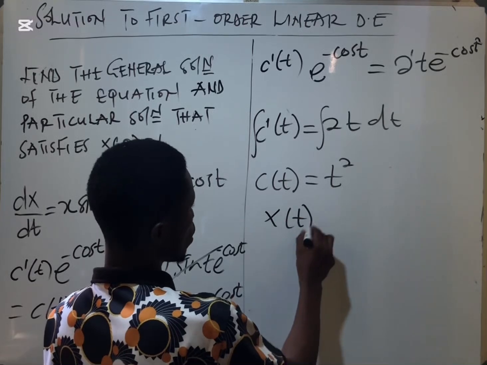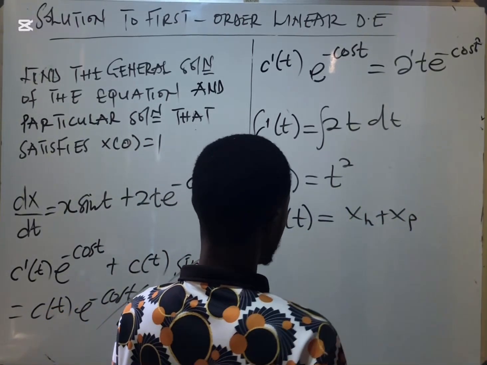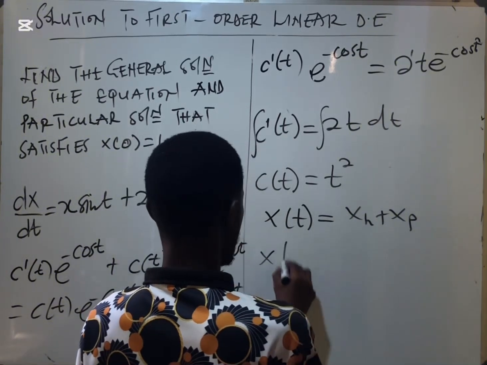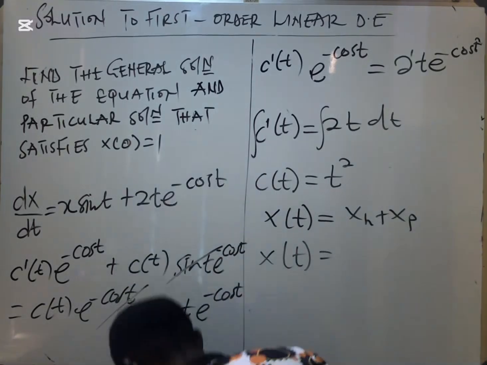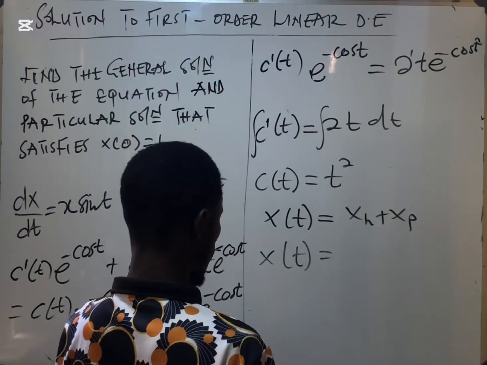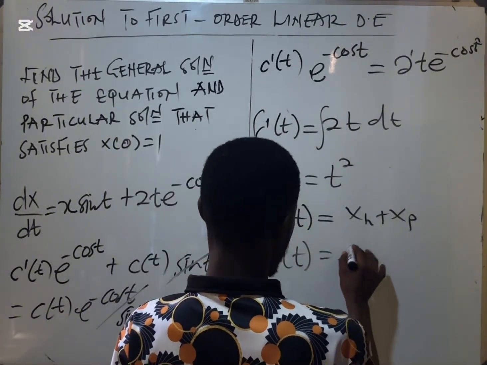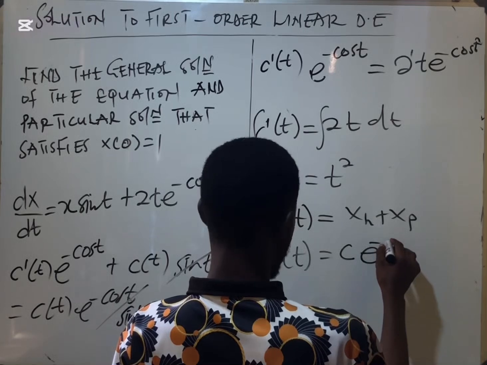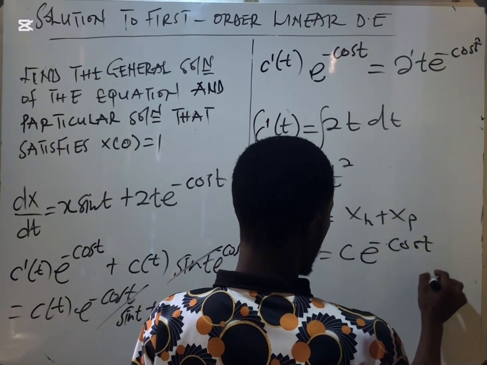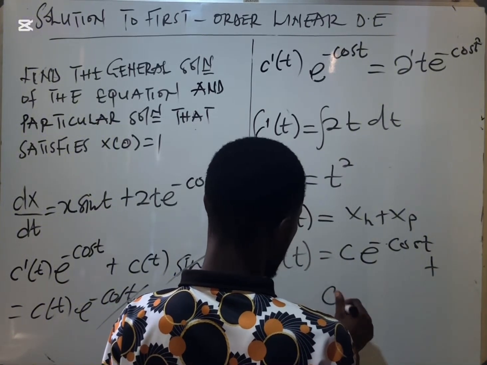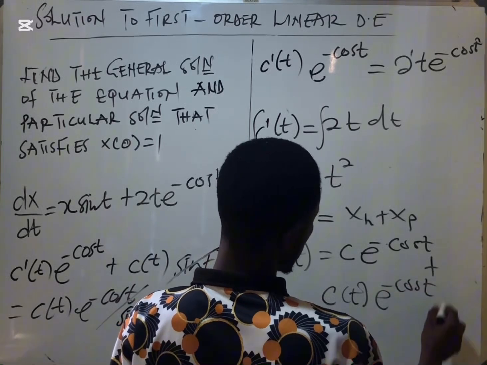So we are saying that x of t is now going to give us x of h plus x of p. So now let's find out x of t. x of h was what? Okay, so our x of h was c e to the power negative cos t, plus c of t, e to the power negative cos t.